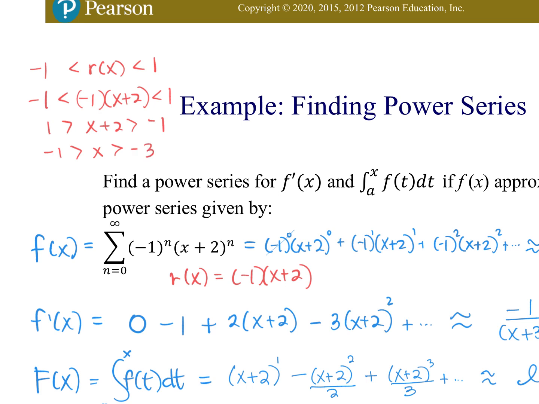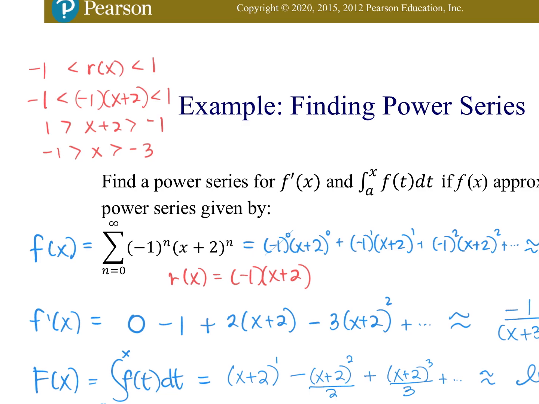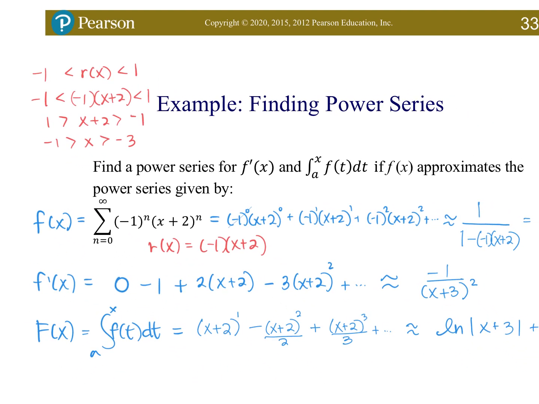So our x has to be between, centered at negative 2, radius of 1, and then bounded between negative 3 and negative 1. So yes, all three of these will converge as long as x stays within what it's supposed to stay as.